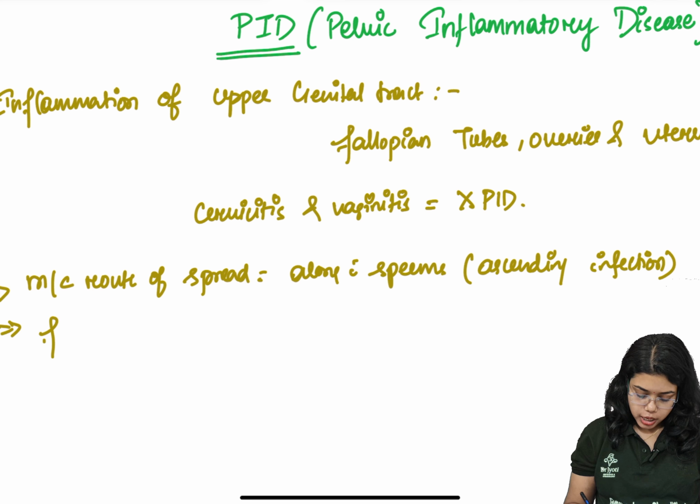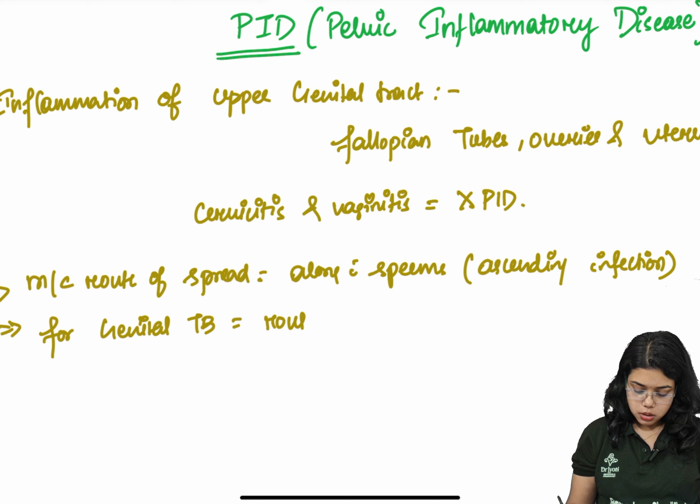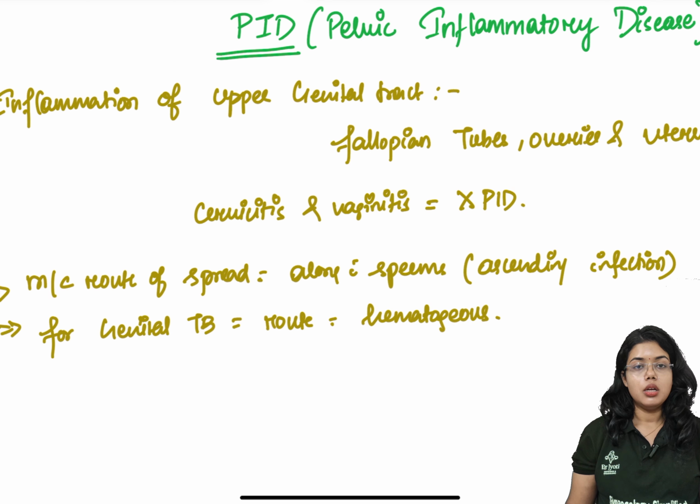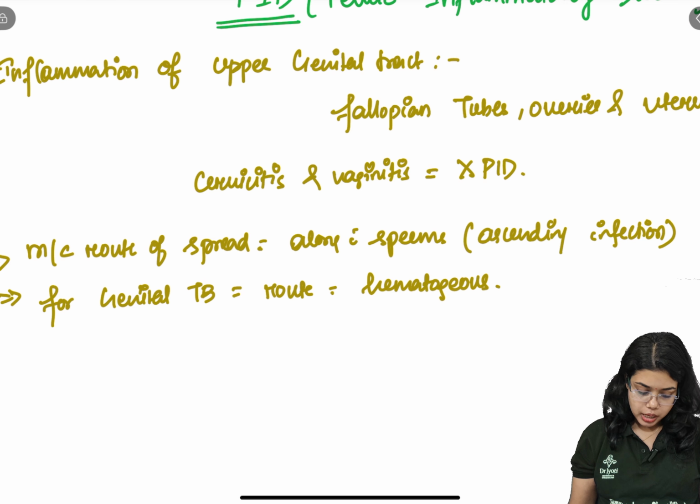And for genital tuberculosis, as TB is also a cause for PID, the route of spread is hematogenous. The TB bacilli travel through the blood, the hematogenous route, and it gets infection.